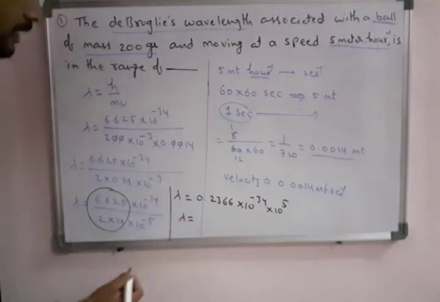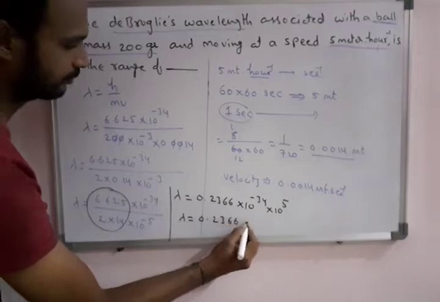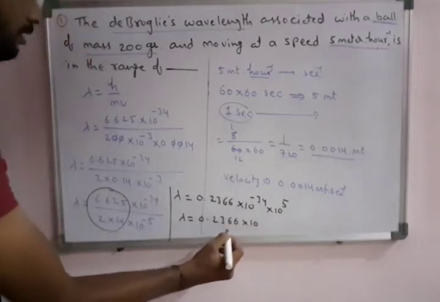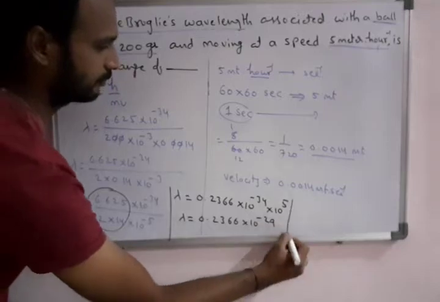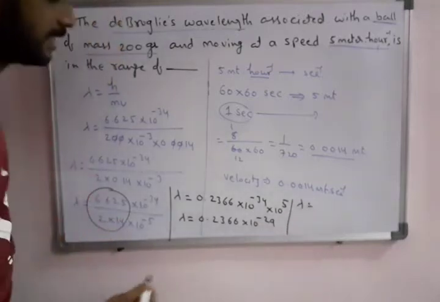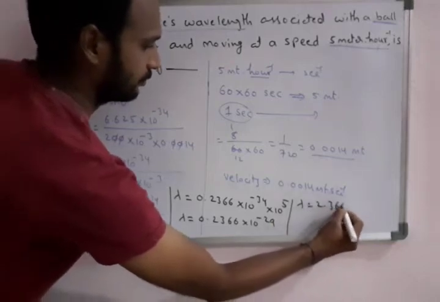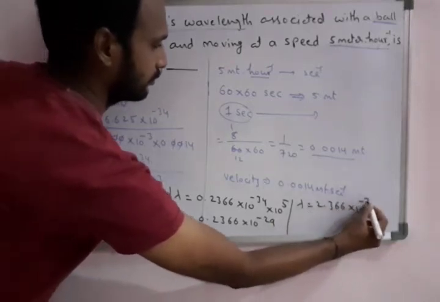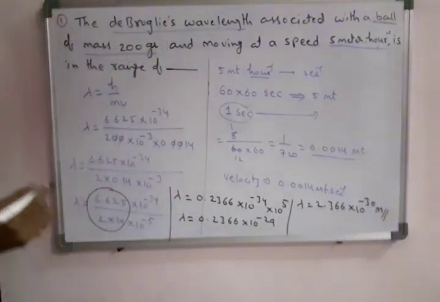So finally, the lambda is in the range of 10 to the power of minus 30 meters.